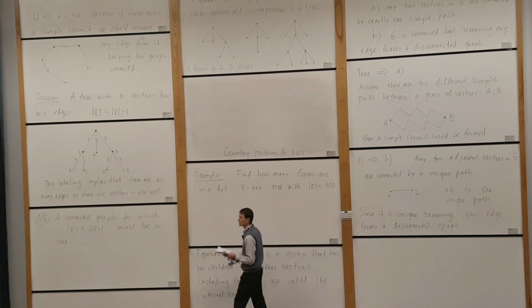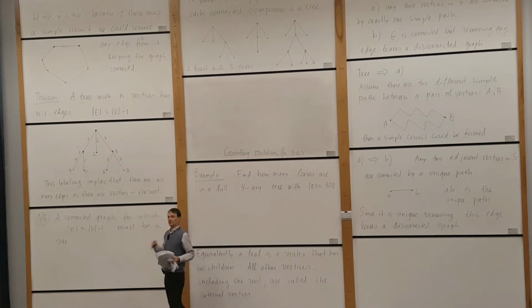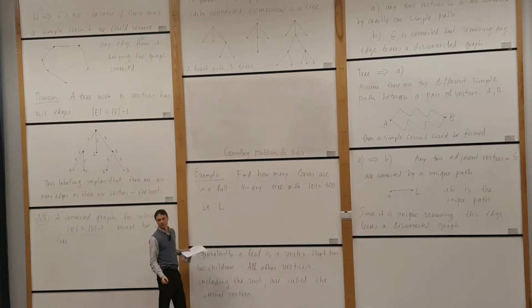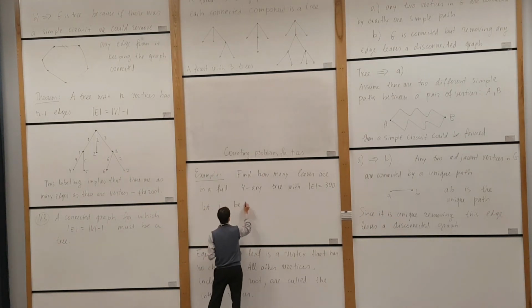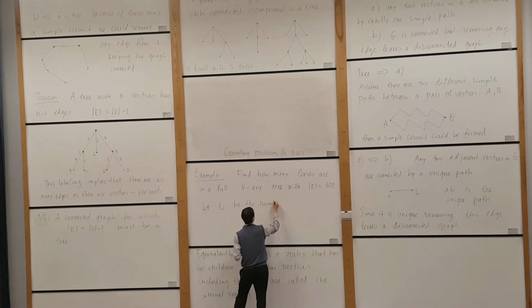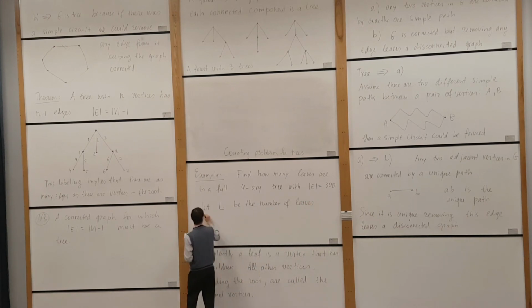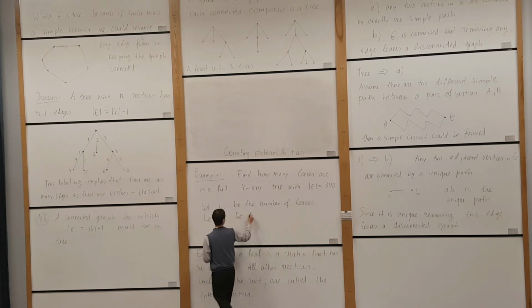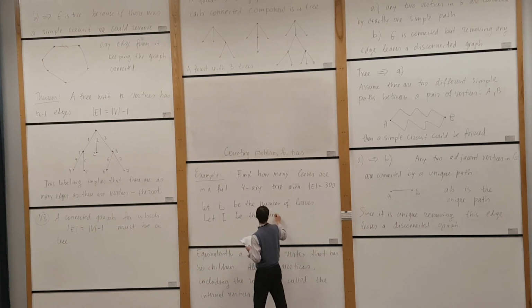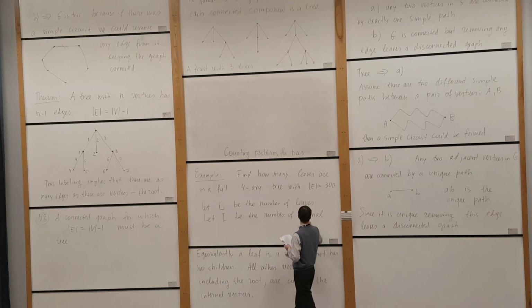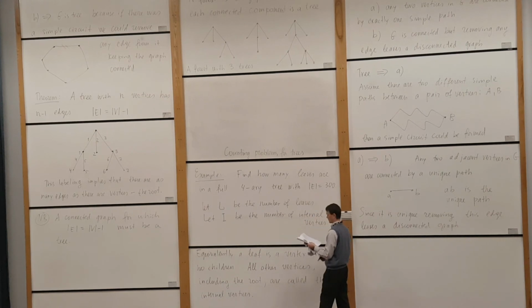I'll introduce some notation which I will also be using in other such counting problems. So let capital L stand for the number of leaves in this graph, and let capital I be the number of the internal vertices.